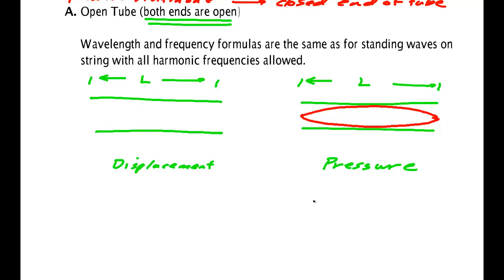And that means that the wavelength here, since that's only half a wavelength, the wavelength of the fundamental frequency is 2L. This is exactly the same thing that we found for the string. Likewise, we know that the frequency is equal to the speed divided by the wavelength. So the fundamental frequency is v over 2L. And because we want to do other frequencies, we'll just put a 1 up there.